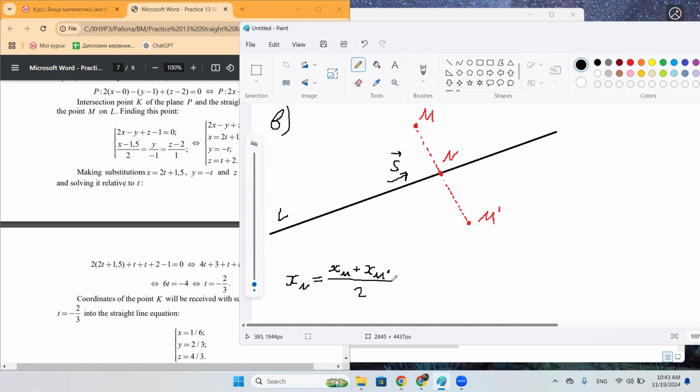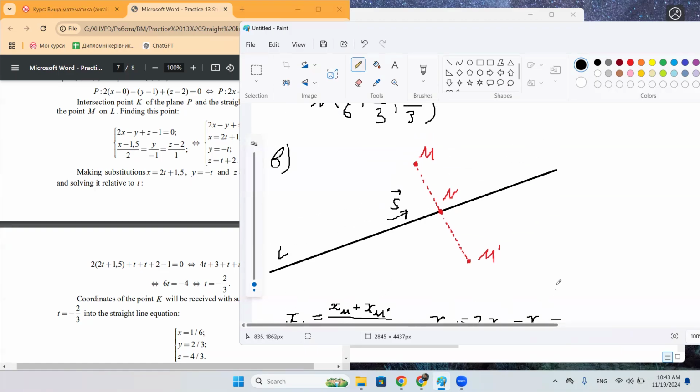But we know coordinates of N, we need to find coordinates of M prime. So x M prime equals 2 x N minus x M.